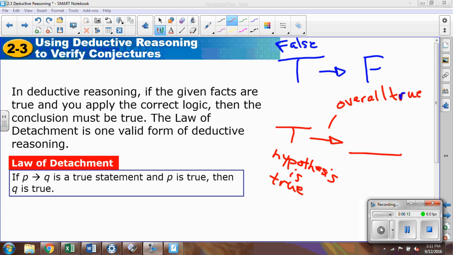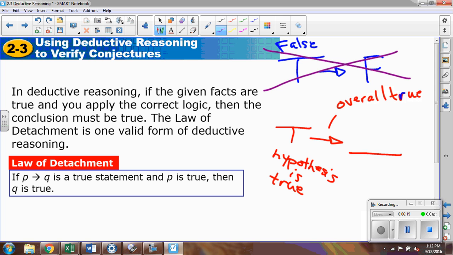Because the statement is overall true, we know it cannot have this format. And so if it does not have the format of true implies false, that of course forces it to have the format true implies true.